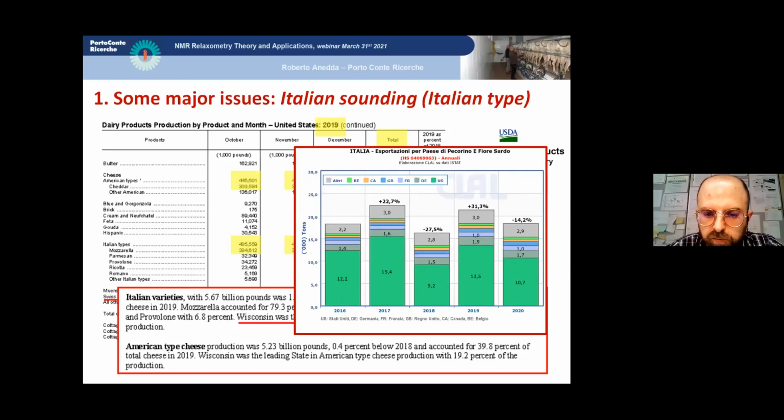They are hard sheep milk cheeses produced in Italy, and in particular in Sardinia, where we live, which is the larger producer of sheep milk among Italian regions. This is shown in the graphic. This graphic shows that more than half of produced cheese are exported to US market. This is represented by the green histograms in the graph.